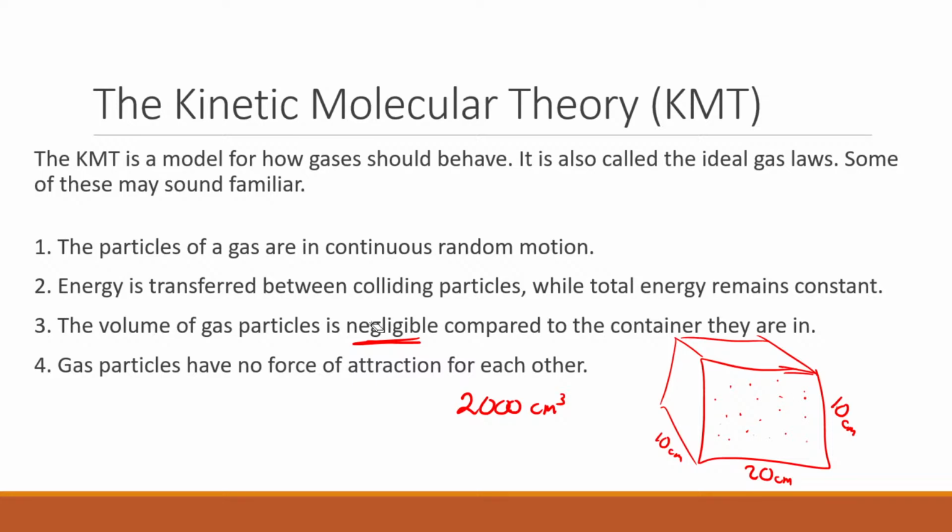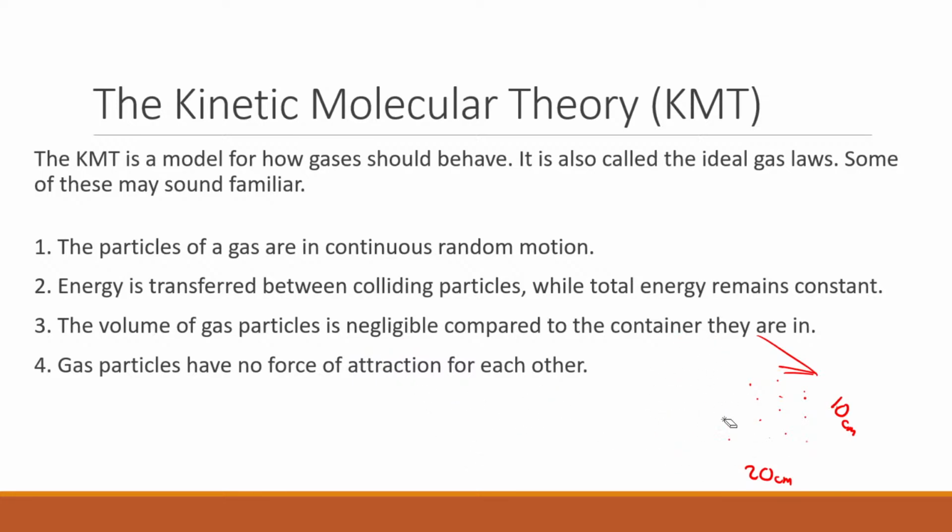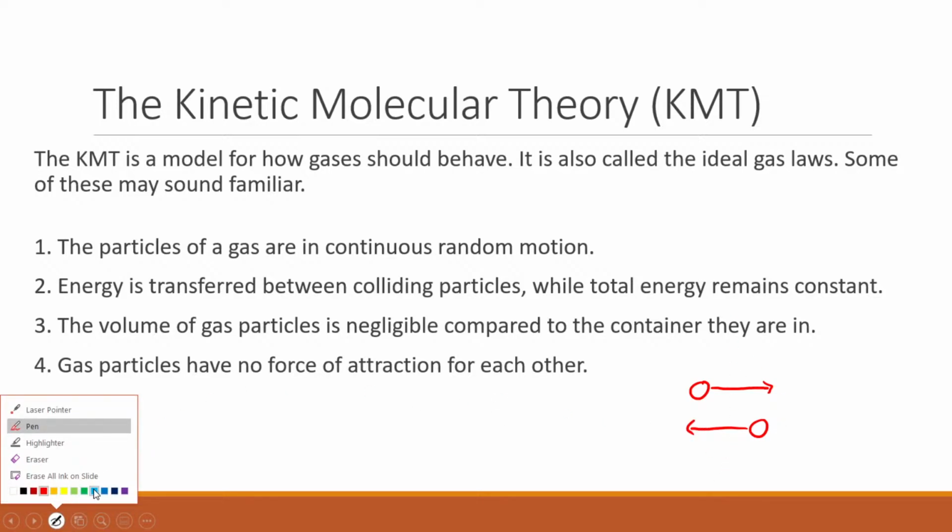And the last piece of the kinetic molecular theory is the idea that gases have no force of attraction for each other. If I have two gas particles that are not going to collide, but that are going to come very close to each other, if they had forces of attraction between them, they would be pulled kind of towards each other.